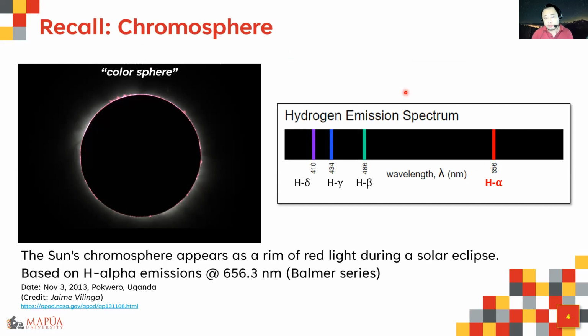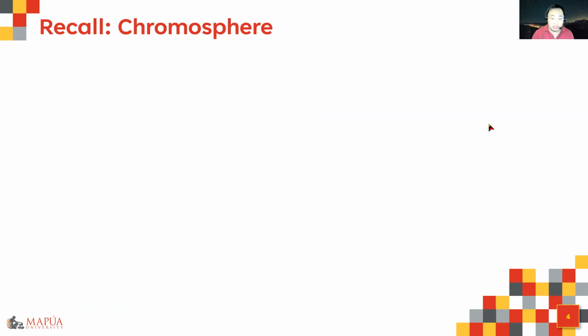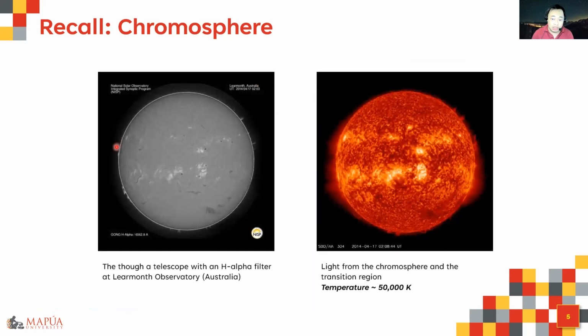If you have a telescope and you place a filter, we call that an H alpha filter. It's commercially available. You can observe the emissions of the sun at 656 nanometers, and it would look like this. This is a picture of the sun using the H alpha spectrum, and you can see the features that can be seen in the chromosphere.